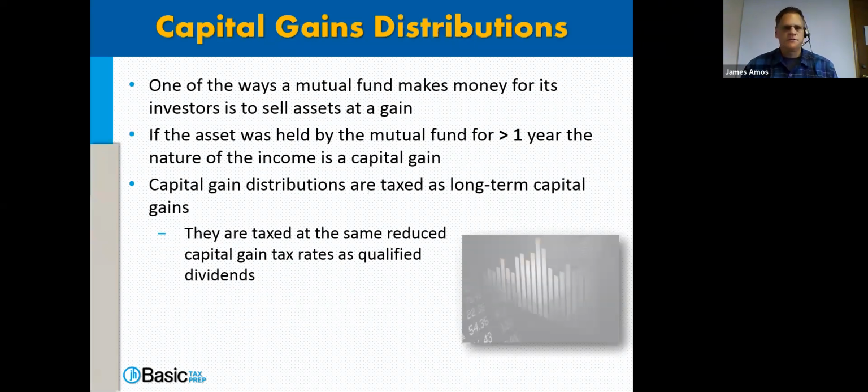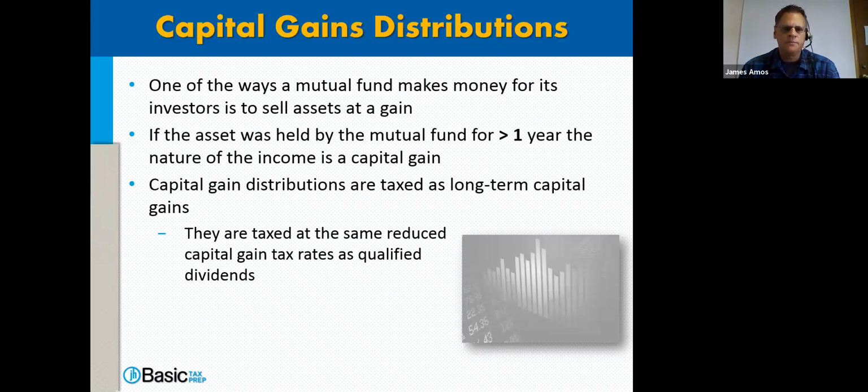Capital gains, we just talked about that. One of the ways a mutual fund makes money for its investors is to sell assets at a gain. Okay, if the asset was held by a mutual fund for less than a year, the nature of the income is a capital gain. In other words, they have something and they held it for less than a year and turned around and sold it. That's going to be treated as a capital gain.